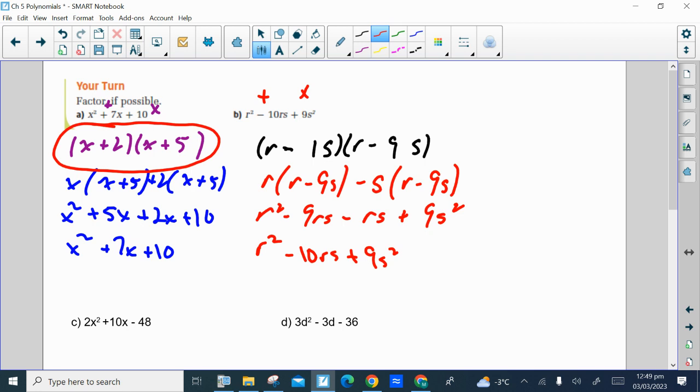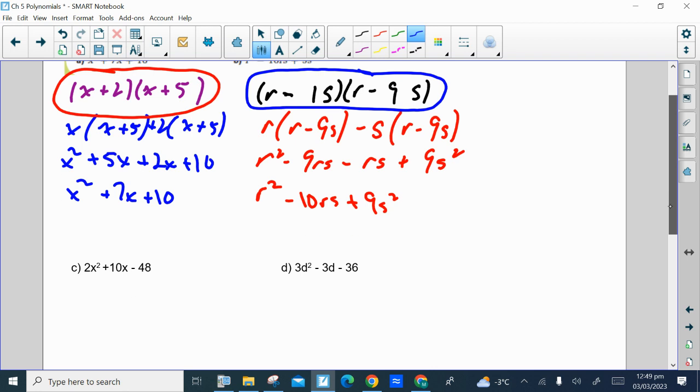So that is the original polynomial. We have just shown that our factors are correct. They work. You don't need to have a 1 in front of the s. I put one there just so we were clear about what that term represented. You can just say r minus s and r minus 9s.